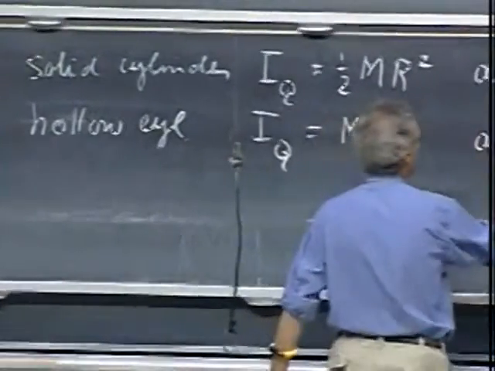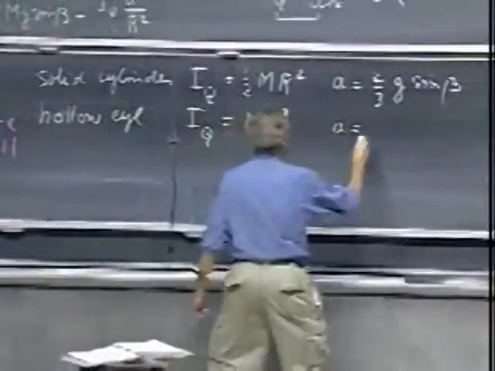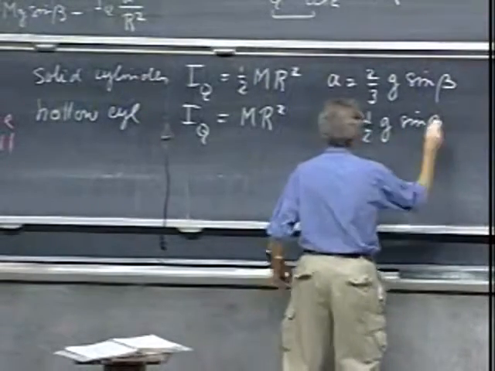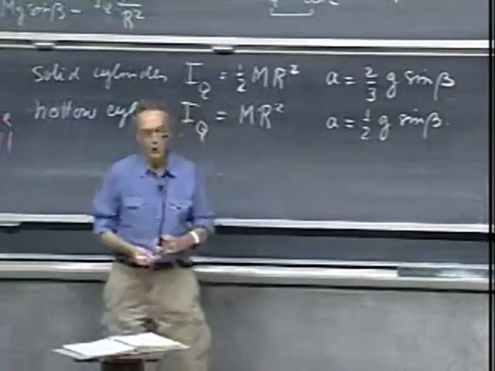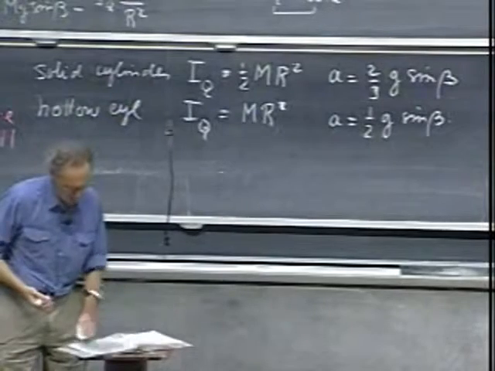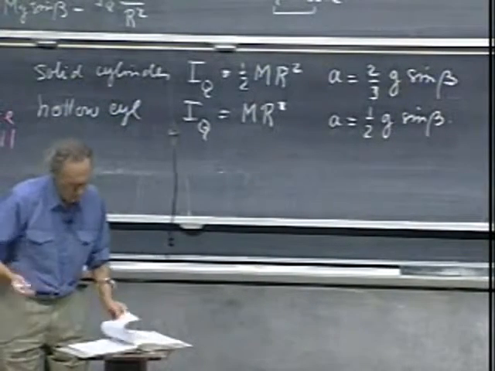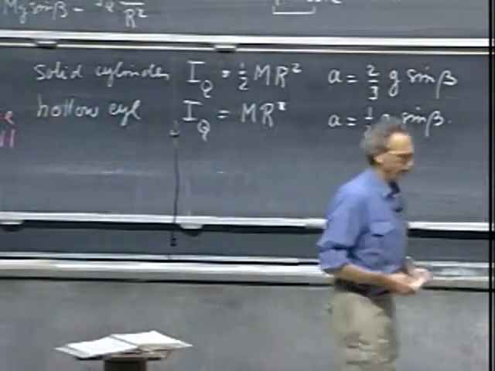And then the acceleration, if I substitute in here mr squared, I get a 2 there, equals 1/2 times g times sine beta. So this acceleration is less than this one. So the hollow cylinder will lose in any race against a solid cylinder, regardless of mass, regardless of radius, regardless of length.